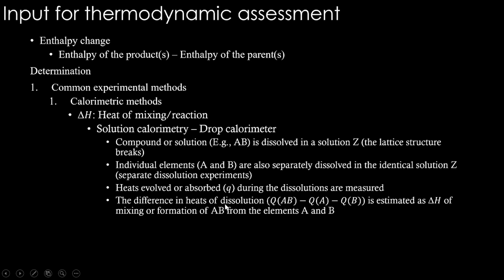Then the difference in the heat of dissolution, Q dissolution of AB minus Q dissolution of A minus Q dissolution of B, product minus reactants, is estimated as the enthalpy of mixing, or enthalpy of formation of AB from its elements. How it works and why it is right, you can explore further. We are not going into the details of it.